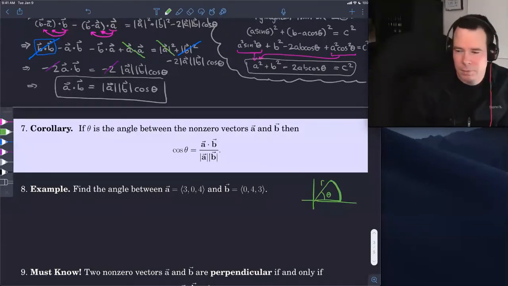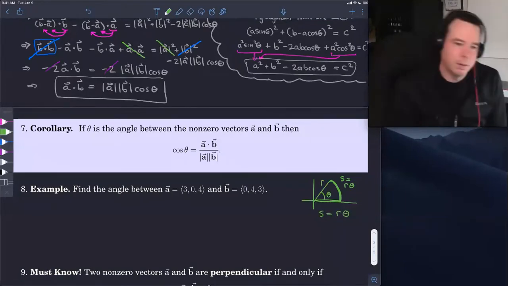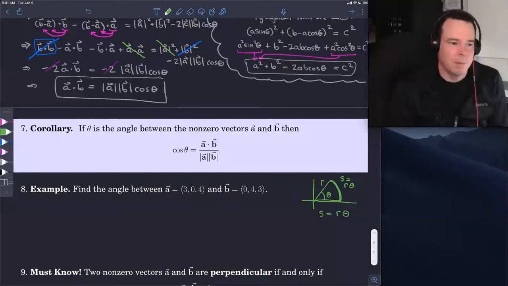If I have a segment of a circle or a sector of a circle, radius R, what is that arc length? Yeah, you got it, R theta. So R theta is the arc length. So what we have is this equation that says S equals R theta. Let's say R was measured in centimeters.